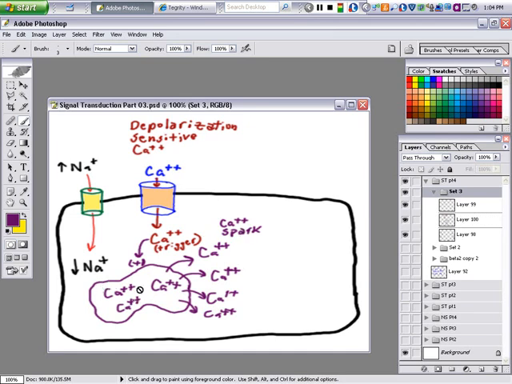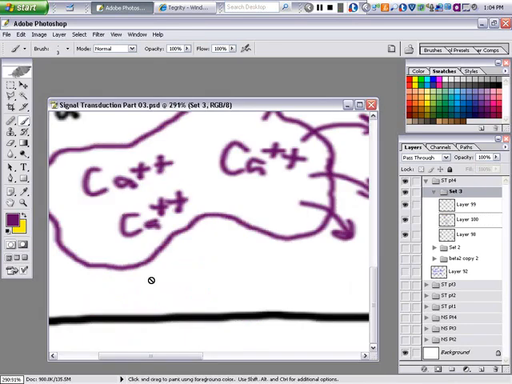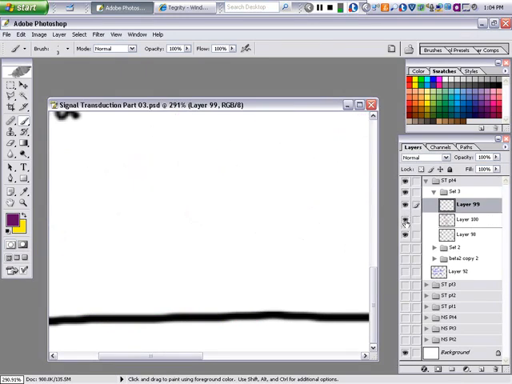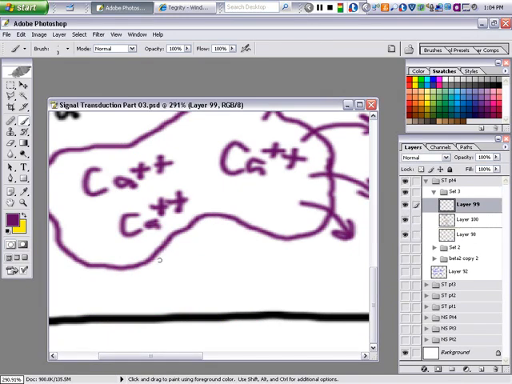Now let's give a name to this structure that holds the calcium. This structure here is called the sarcoplasmic reticulum. You all should remember this one, the sarcoplasmic reticulum.